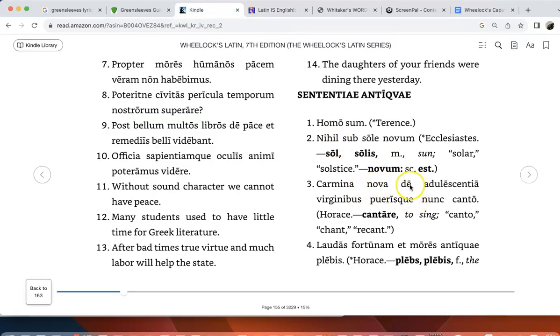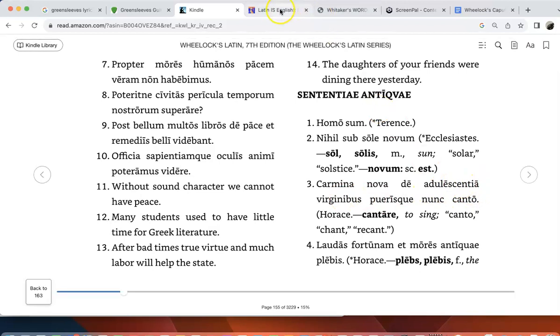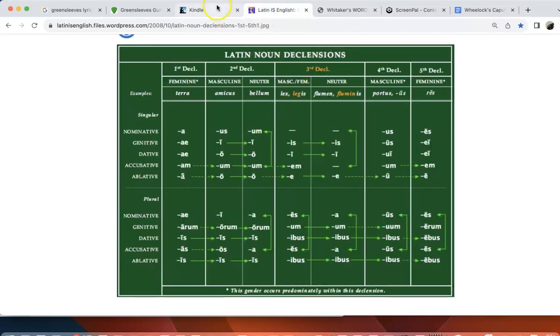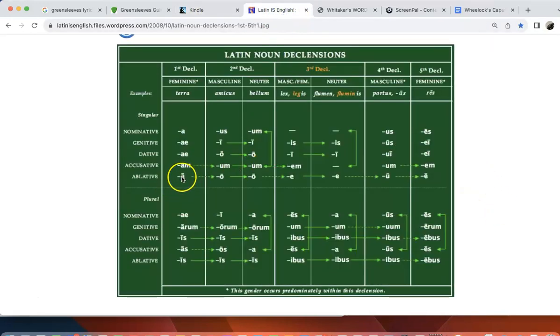So we go back to this. So new songs, and then de means about. De is always followed by the ablative. So first declension ablative singular is ā. But then here we have third declension ablative plural, ibus. But then here we have second declension ablative plural, is. This one has got a lot going on in it. Again, hopefully you have an easy reference to this right here. But if I go back and just explain it one more time, this is first declension ablative singular.